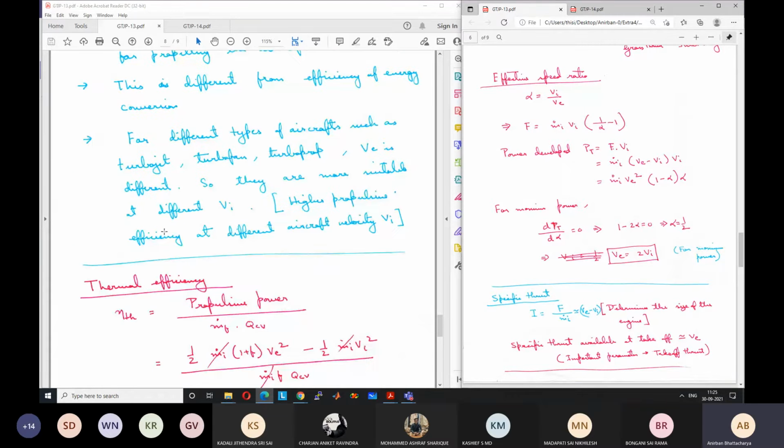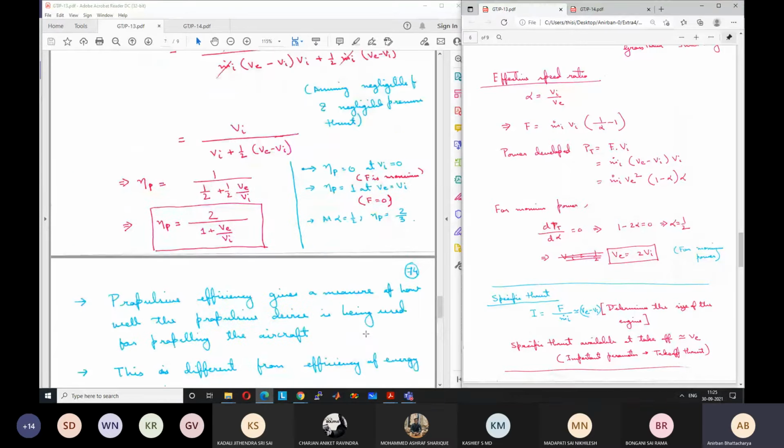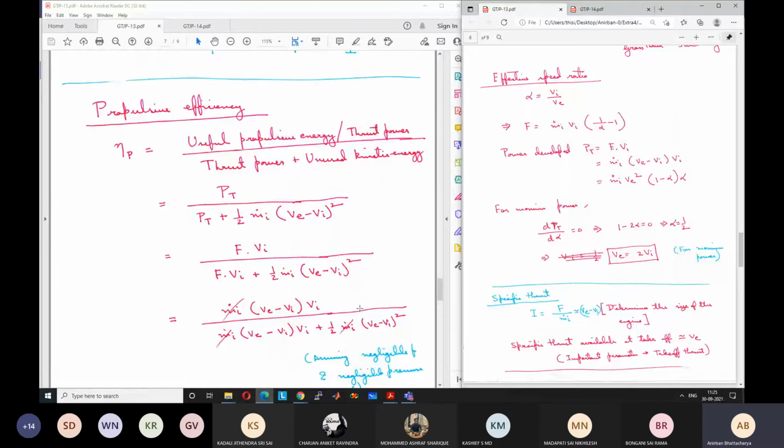It gives a measure of how effectively we are converting the energy that is contained in the fuel to useful energy. Useful energy in the sense that it is the energy that is generated by the engine. There is a certain amount of energy contained as chemical energy in the fuel. We are converting it into a certain amount of energy given by the engine, or work output given by the engine.